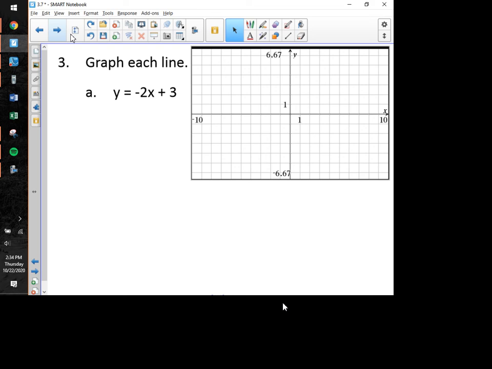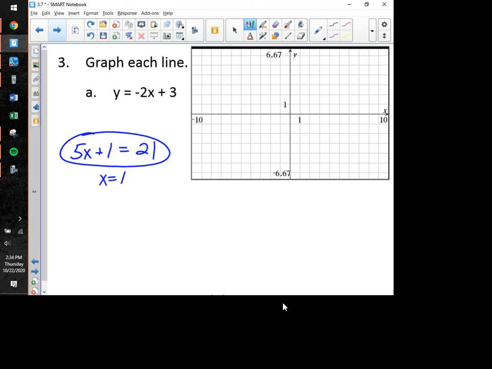Now, in basic Algebra 1, if you saw a one-variable equation, like 5x plus 1 is equal to 21, this is an equation that in Algebra 1, they would ask you to solve. You'd subtract the 1, you divide it by 5, and you would get x is equal to 4.